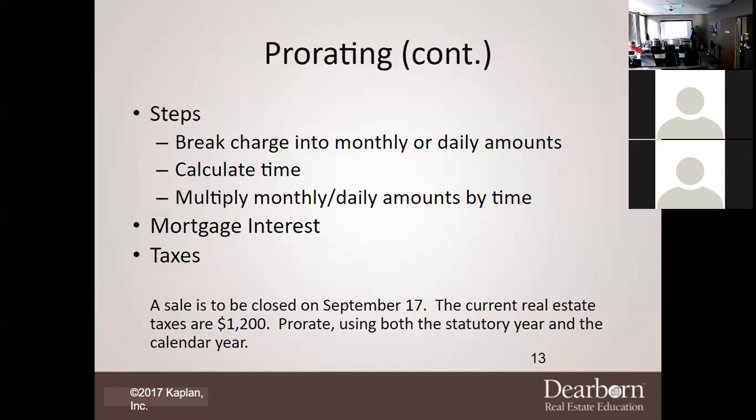So that's going to be based off of a statutory year. If it was a calendar year, what would you do? There are 30 days in September. Yep. So it's the same thing. Very good. But if there was 31, what would you do? Take 100, divide by 31, multiply by 17, give you your number.